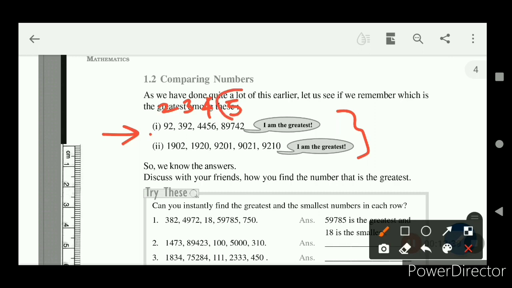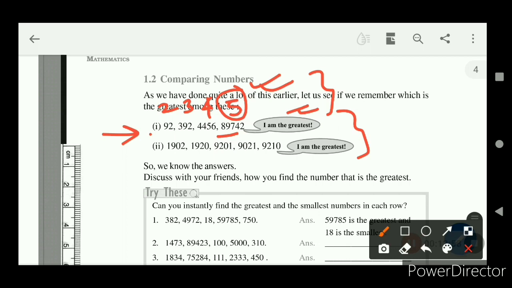So a 5-digit number is obviously greater than each of the 2, 3 and 4 digit numbers. So it has been given that 89742 is the greatest, and so it is written. So this is a step 1 question. It can be solved very directly, right? Now we go ahead.